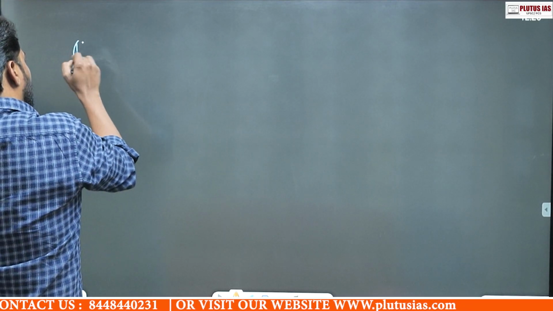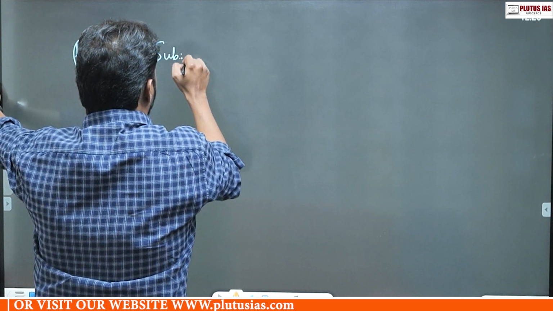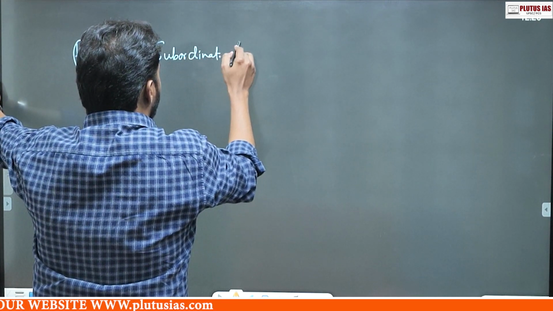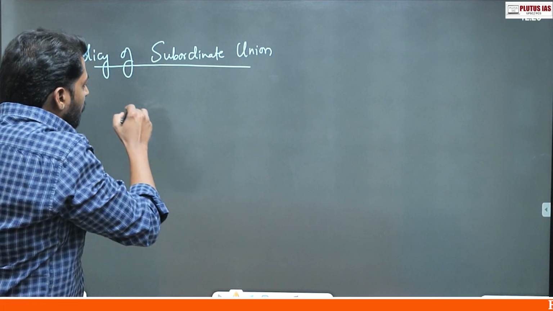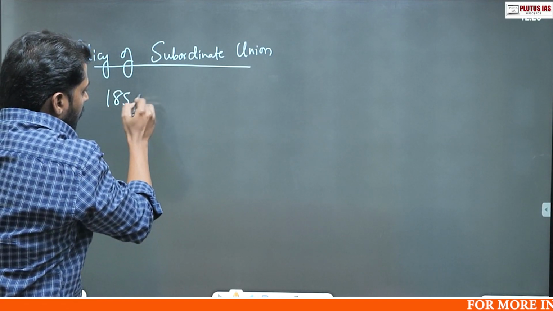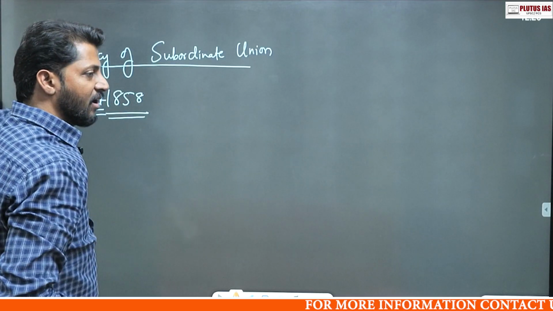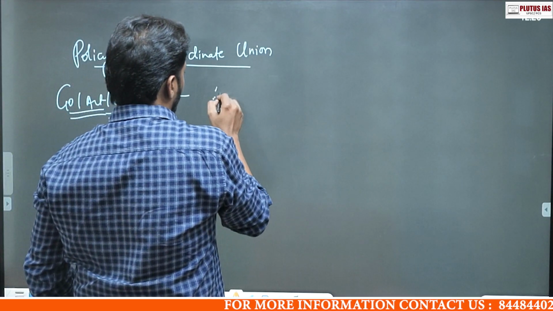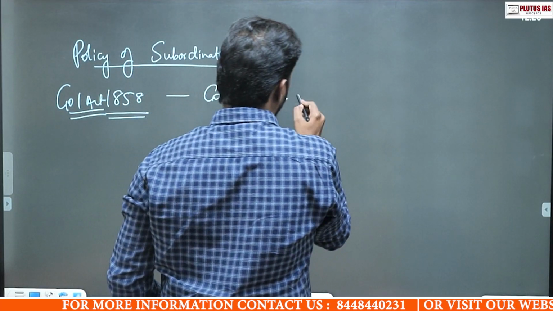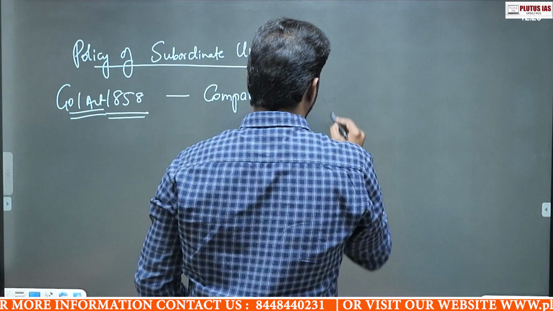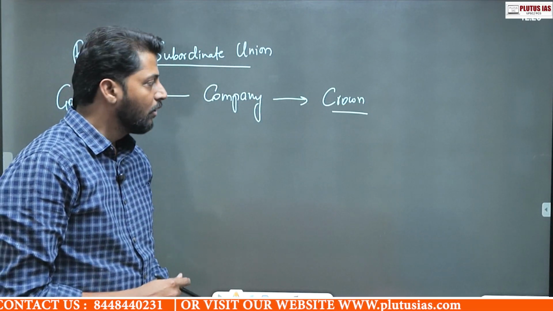An extension of this policy was the policy of subordinate union. As we know, in 1858, under the Government of India Act, the rule was transferred from company to crown. So we already know this.